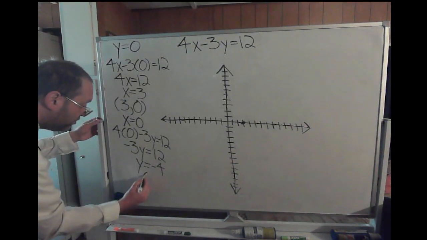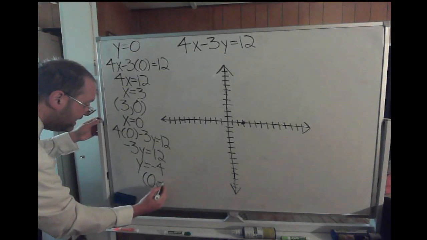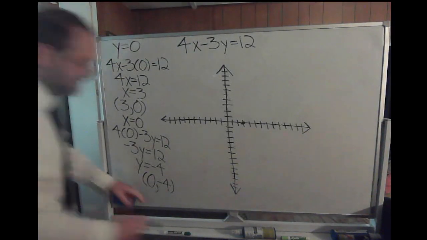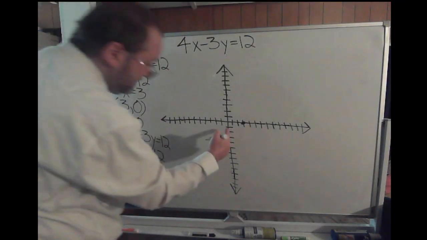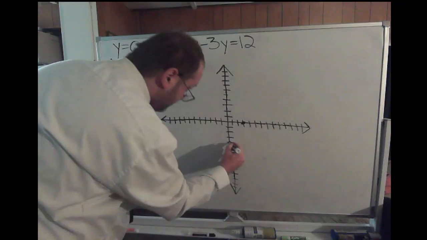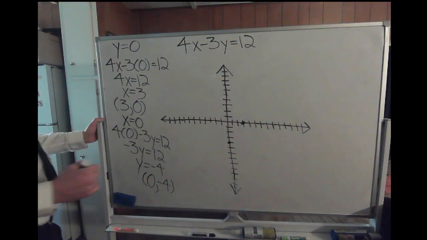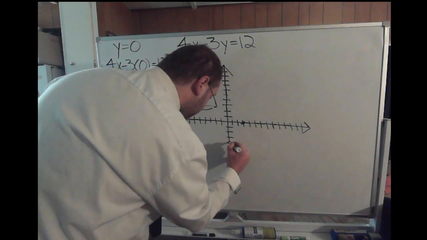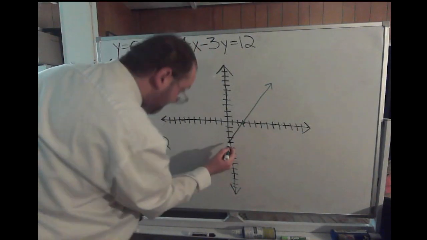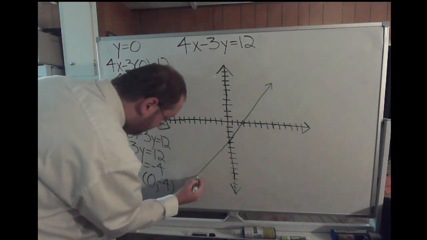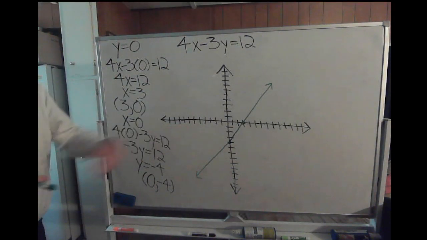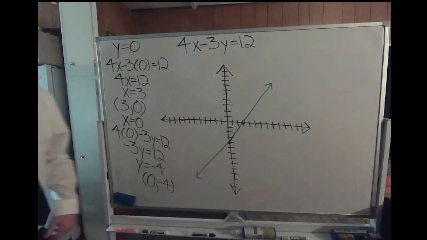So you'll get the ordered pair 0, negative 4. So let's go ahead and plot 0, negative 4, which is going to be down here, 1, 2, 3, 4. There's 0, negative 4. Now you just draw a line and connect them. And then go through them. And that is what the graph of 4x minus 3y equals 12 should look like.